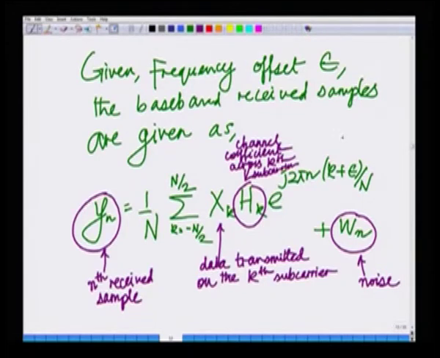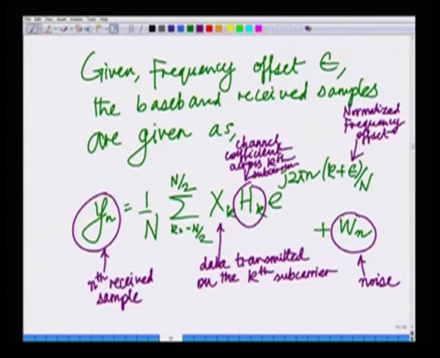Epsilon is the normalized frequency offset. This is the nth received sample as a function of the normalized frequency offset.